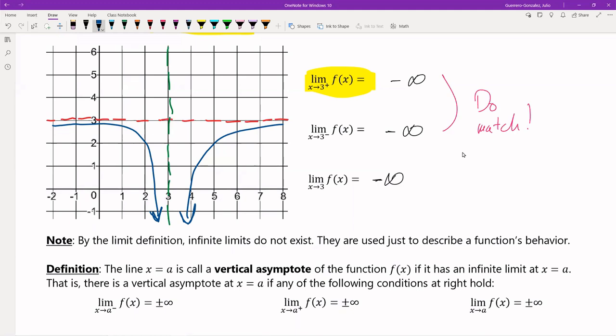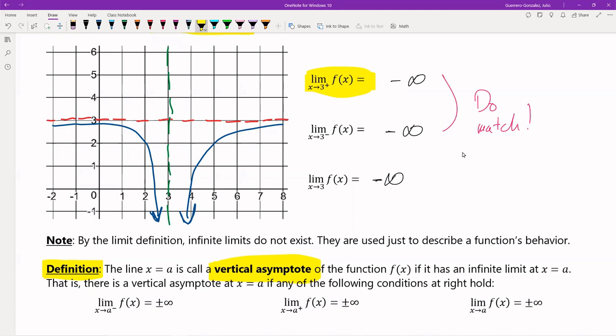Okay. Next definition that I've got for you guys is that of a vertical asymptote. So hopefully you guys remember in pre-calc that a vertical asymptote is supposed to be a line that a function either gets really close to, but doesn't cross or doesn't touch, right?